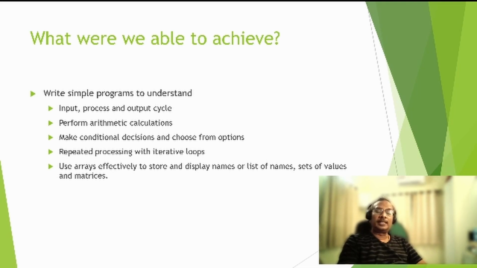So how do we effectively store and retrieve values? We saw about that, right? So with all these things we can write fairly complex programs, right? These are all very fundamental ideas. These are basic building blocks. So it's very easy using all these things to write a fairly complex program.